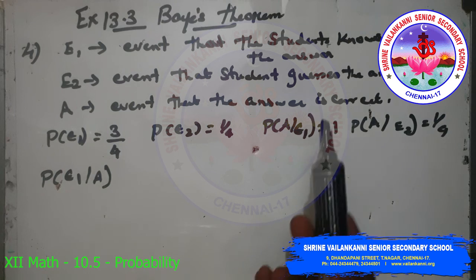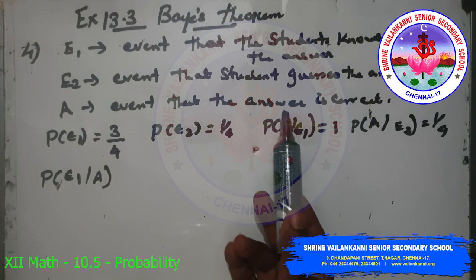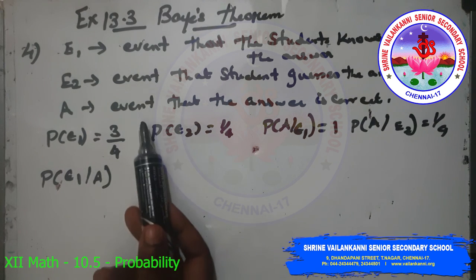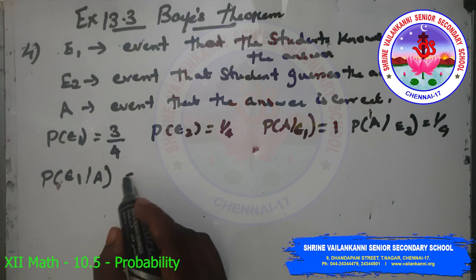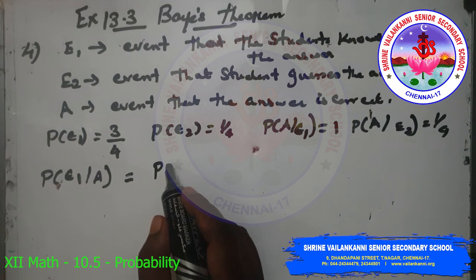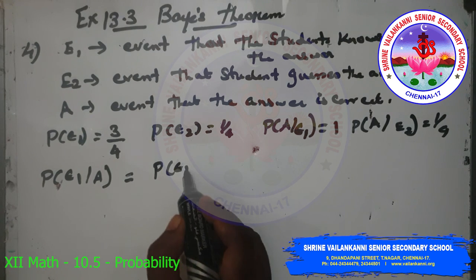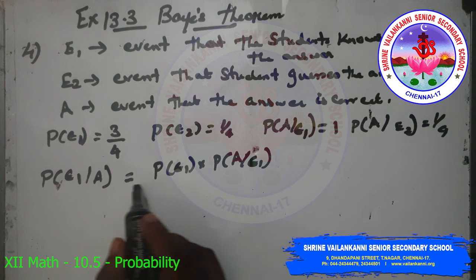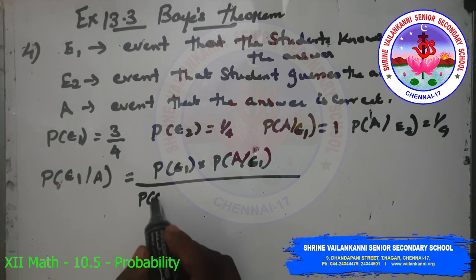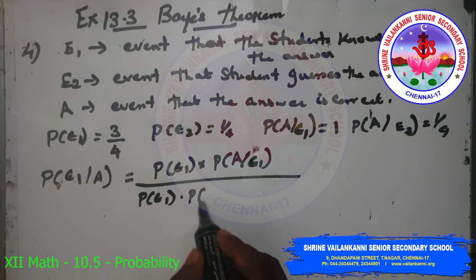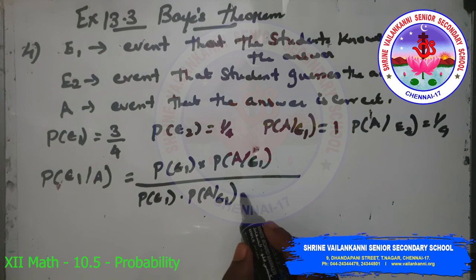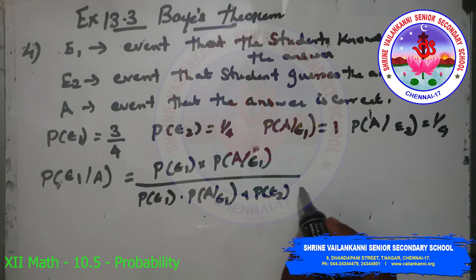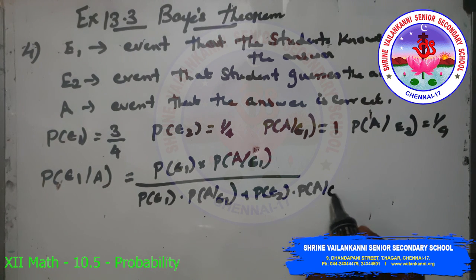That is, the student knows the answer which is correct. So P of E1 by A, which is equal to P of E1 into P of A by E1 using Bayes theorem whole by P of E1 into P of A by E1 plus P of E2 into P of A by E2.